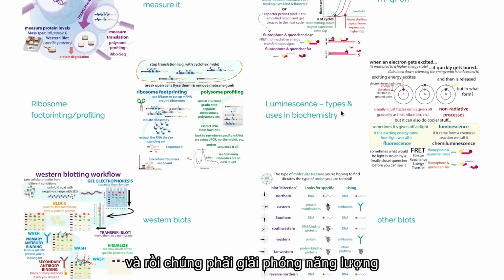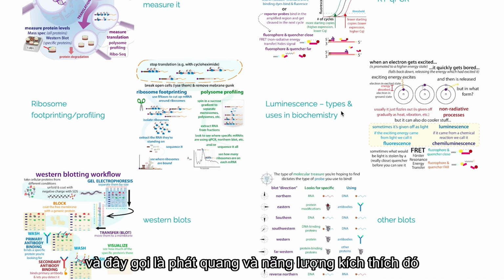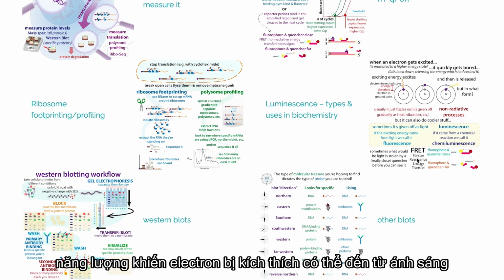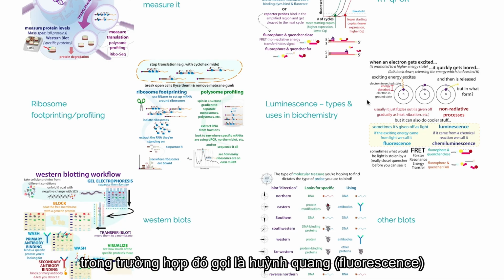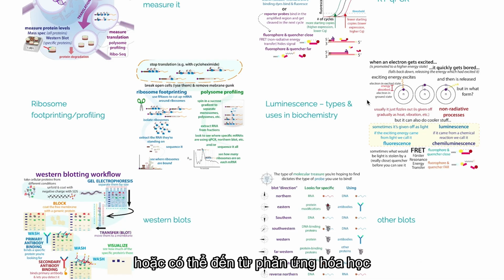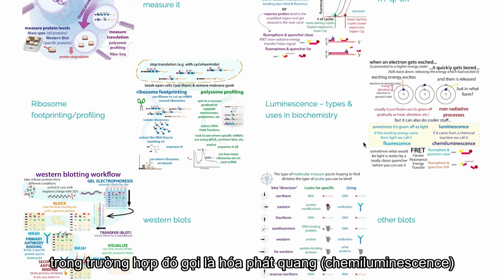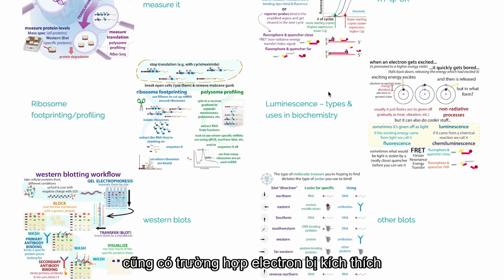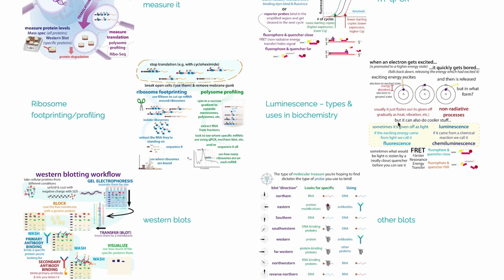They can't stay excited forever, and then they have to release the energy that excited them. And this is called luminescence. The excitation energy, so what made that electron excited, can come from light, in which case we call this fluorescence, or it can come from a chemical reaction, in which case we call it chemiluminescence.